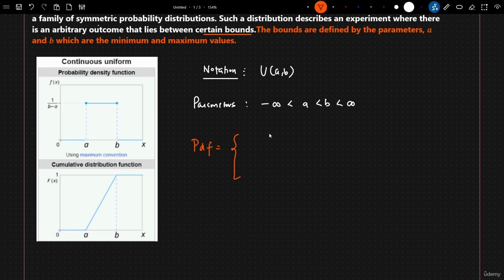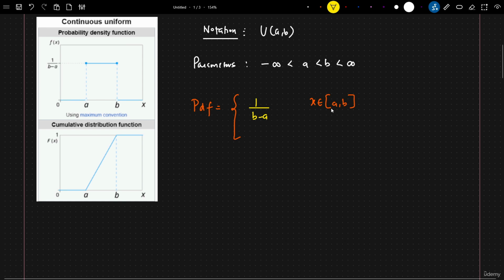Okay. So here there will be two scenarios. One scenario will be that if my X value, which is my random variable, is between A comma B, then my PDF will be 1 by B minus A. I will explain this by showing you an example, but right now, just consider that if my X value belongs to A comma B, then my PDF is basically 1 divided by B minus A. Okay, otherwise it will be 0.